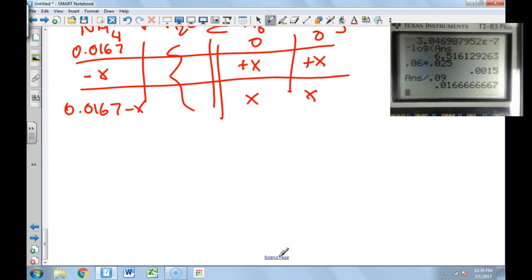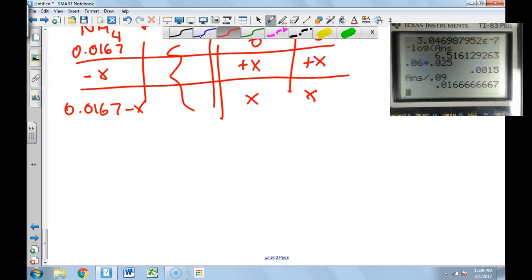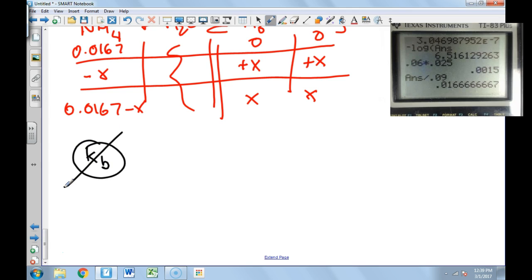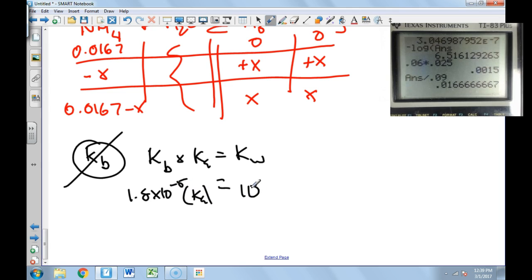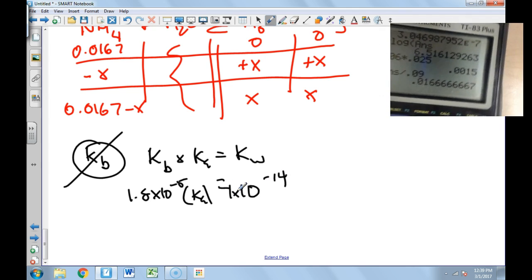Now, we were given in the problem a Kb, but we don't want to use that because we need a Ka. So we know that Kb times Ka equals Kw. So 1.8 times 10 to the minus 5 times Ka equals 1 times 10 to the minus 14.